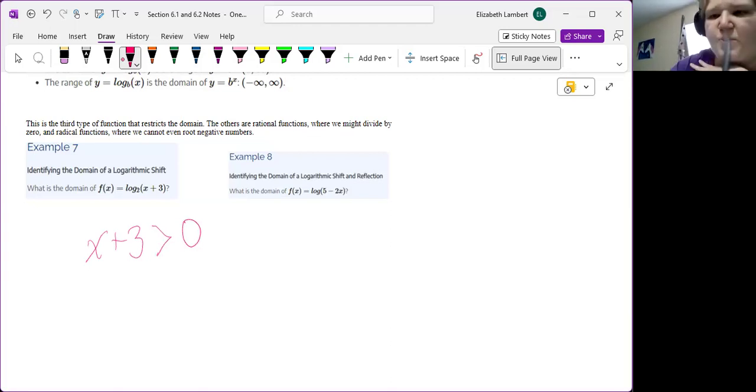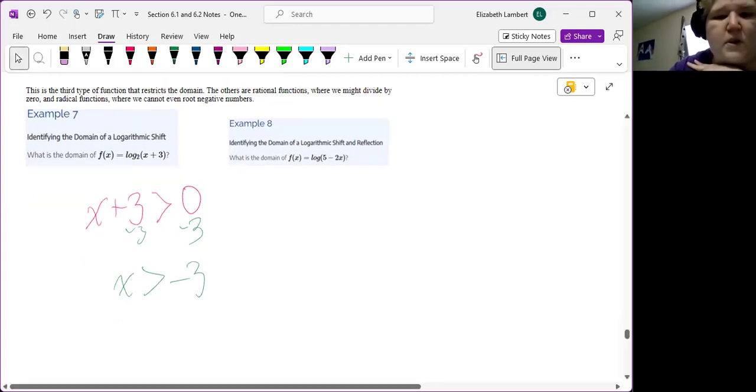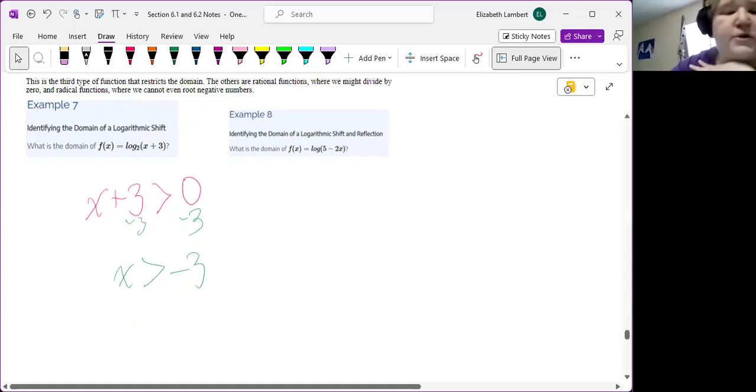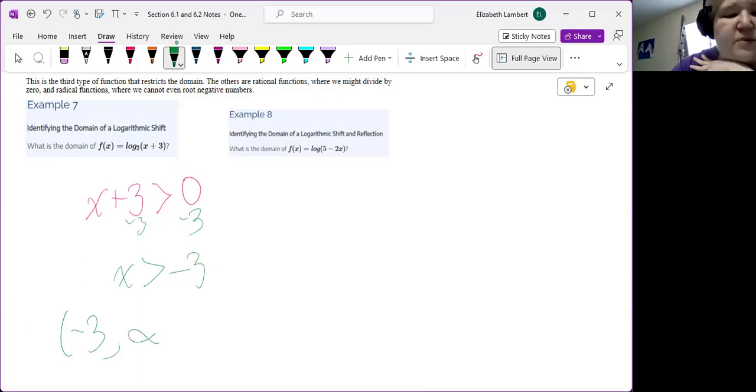So if x plus 3 must be greater than 0, then x must be greater than -3. So there's how we write it inside set builder notation. In interval notation, this would be from -3 to infinity. The number's bigger than -3.